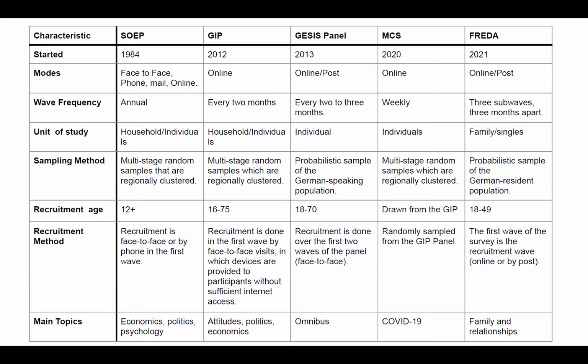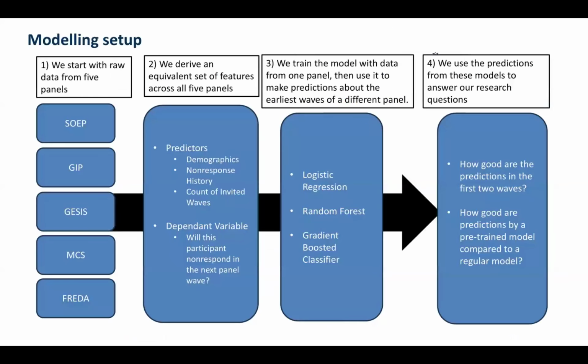So the question is, this basic approach, non-response history plus demographics into a machine learning model, does it work on all of these different kinds of panels, or are there some kinds of panels that it is less effective in? I should say, just quickly, how we did this. Okay, so we have our 5 panels.